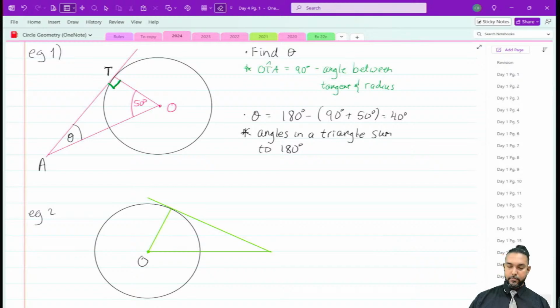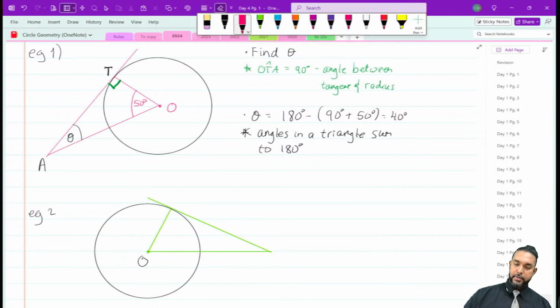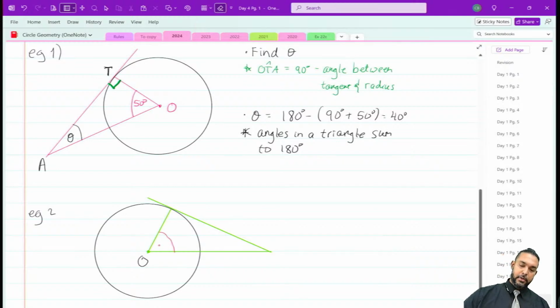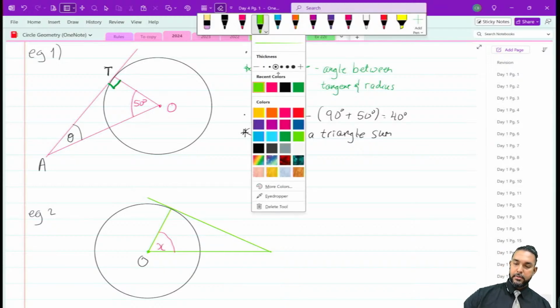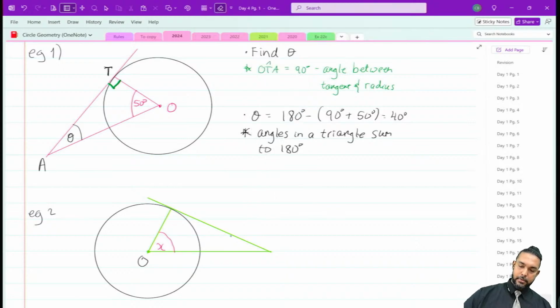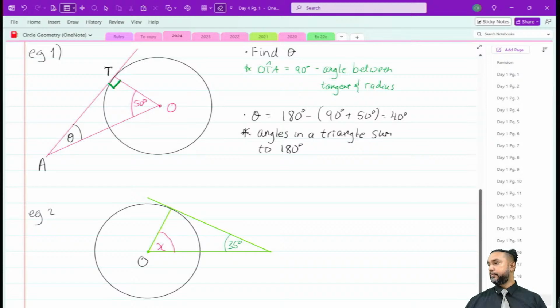All right, so in this case, we have to find angle X. We have a 35-degree angle here. Oh, we need some more letters. Sorry, my bad. All right, so this point on the circumference is point A. This point out here is point B. And this point up here is point T. Right?